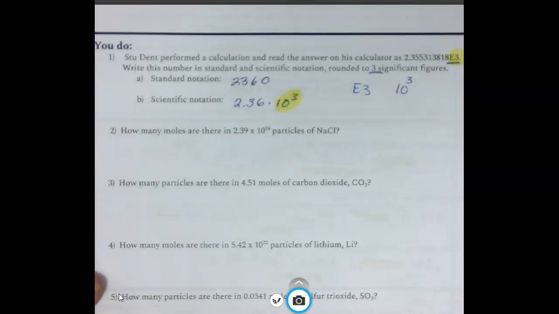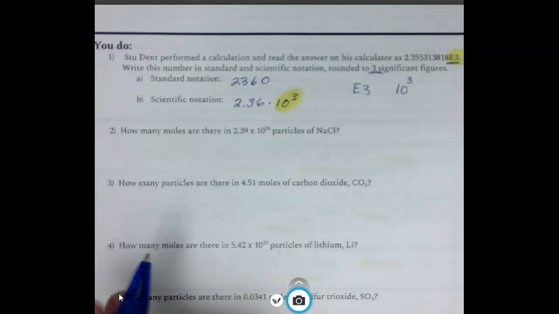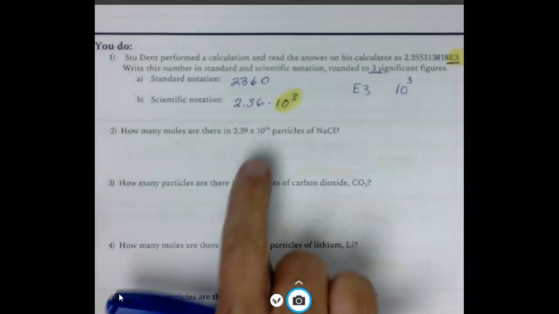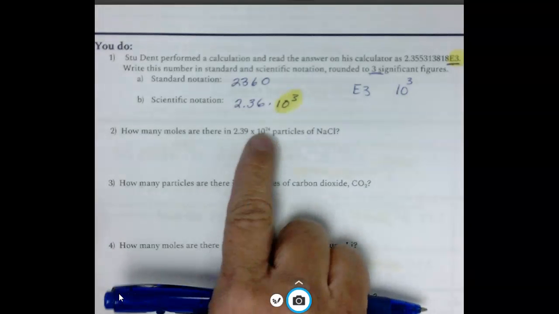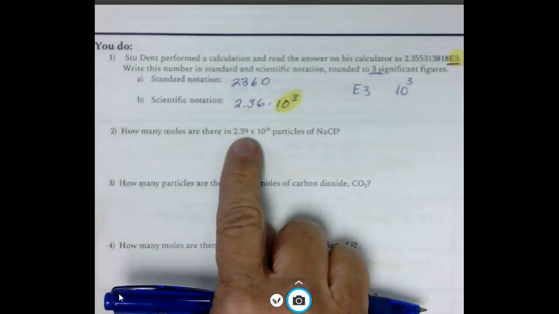And anytime we're talking about the number of atoms, the number of particles, the number of molecules, the number of ions, the number of formula units, the number of eggs, the number of marbles, it doesn't matter what it is. Remember, because there are so many of those, we don't want to have to write out this decimal value every time.